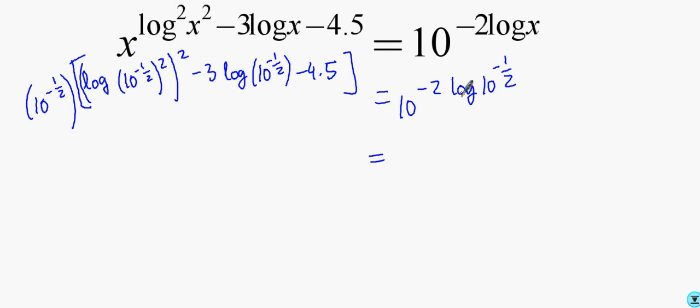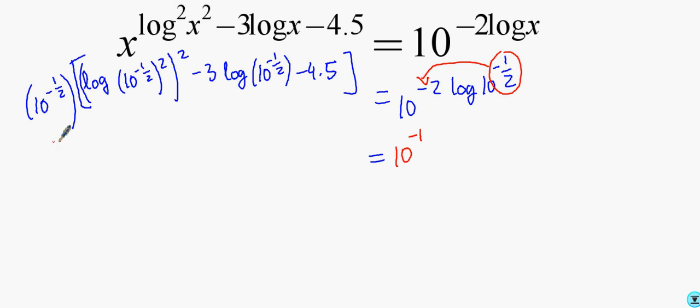Let's get rid of this right side first because it seems easier. We will bring that negative 1/2 up front, multiplied by negative 2, so that'd be negative 2 over 2. And negative 2 over 2 is negative 1. So 10 to the negative 1 times log 10. Log 10 is 1. So we're done with this.